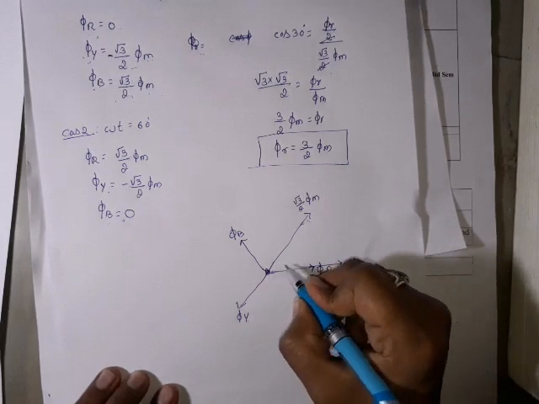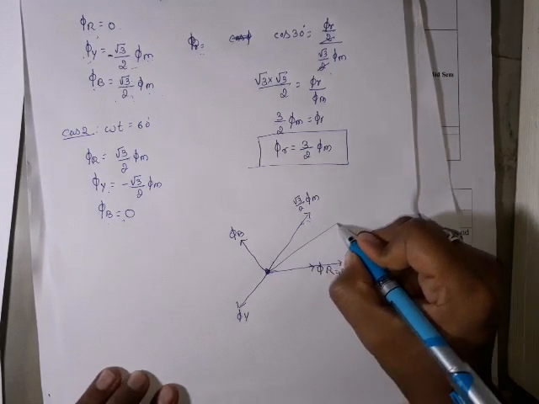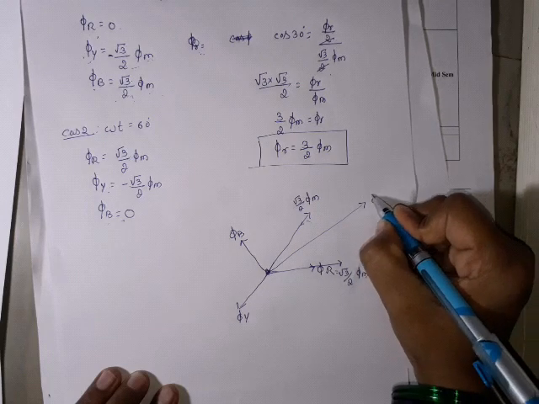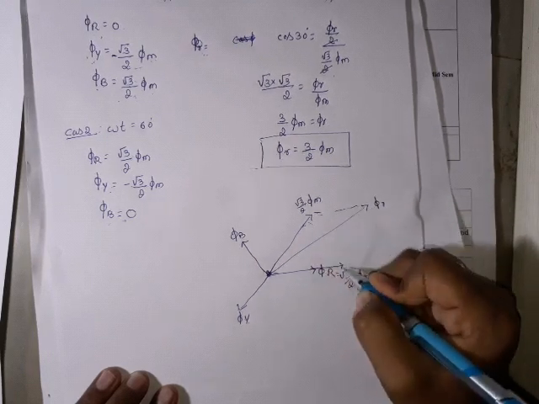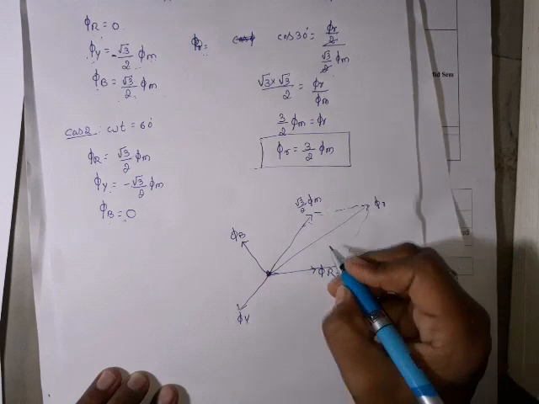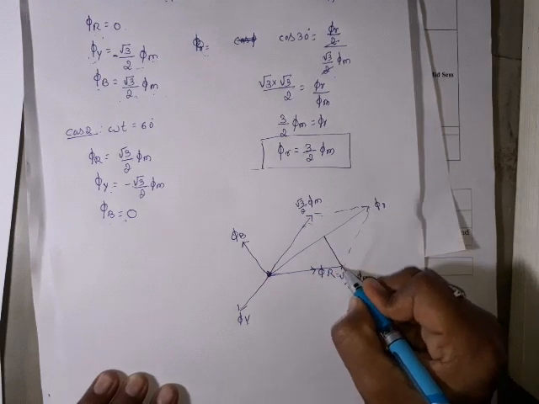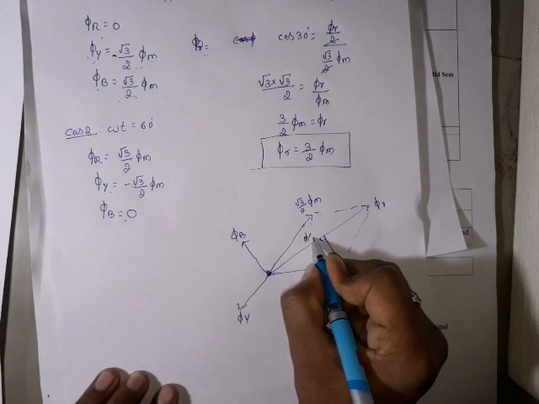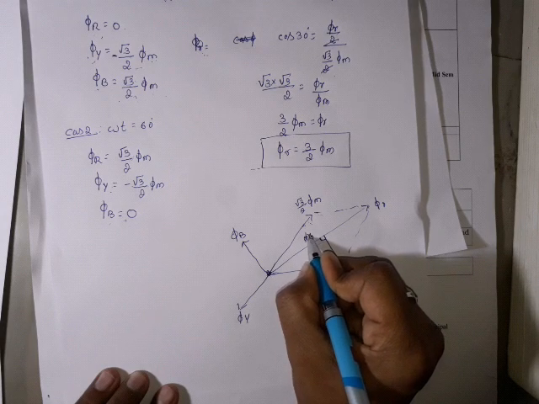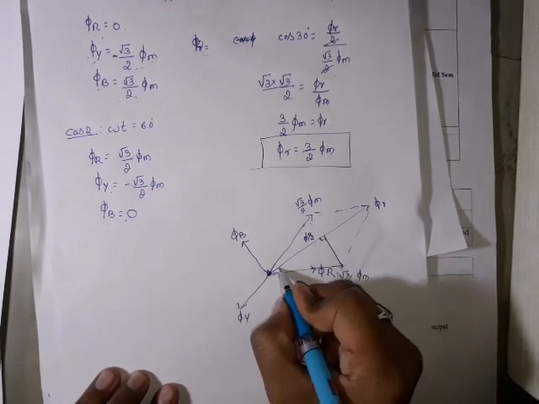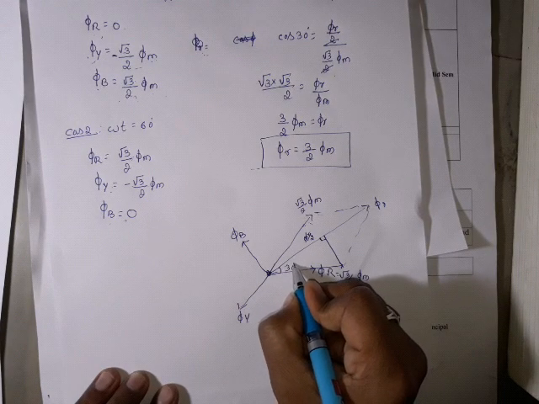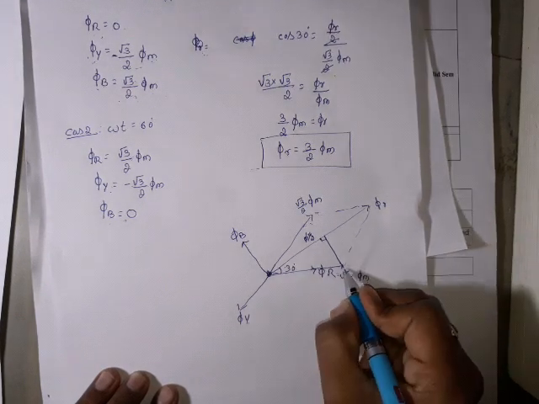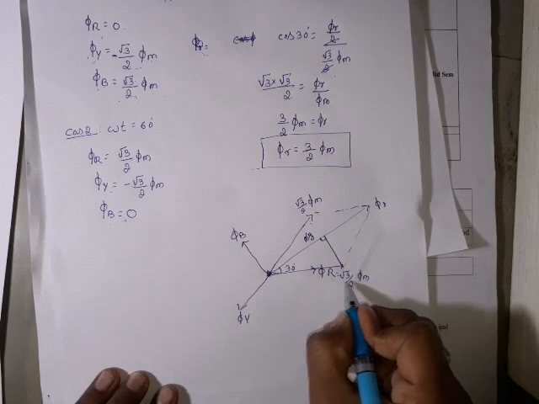Now the resultant flux will be the vector sum of these two. That is phi r. Again the same thing, you have to bisect here. When you bisect here, this will be a right angle triangle. This side is phi r by 2, and this is the angle, again 30 degree. I have already explained this. This is the opposite and phi r.